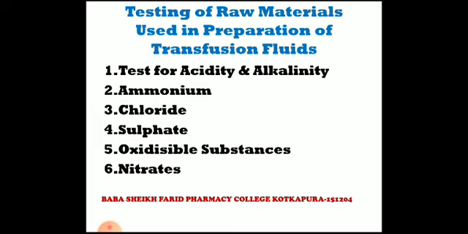In that, first we have testing of water for injection and raw material used in the preparation of transfusion fluid. There are a number of chemicals like potassium chloride, alkaline, silver nitrate, diphenylamine, sulfuric acid, barium chloride, potassium permanganate, methyl blue or methyl red, etc.